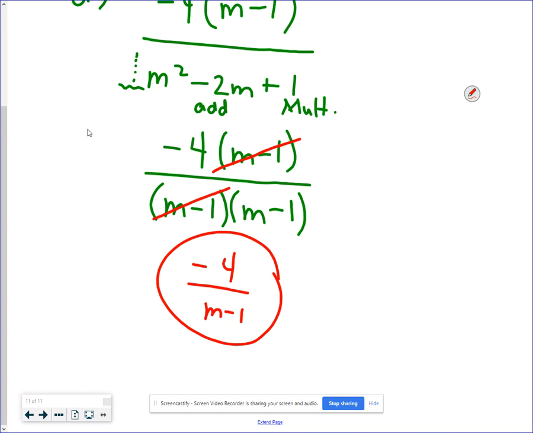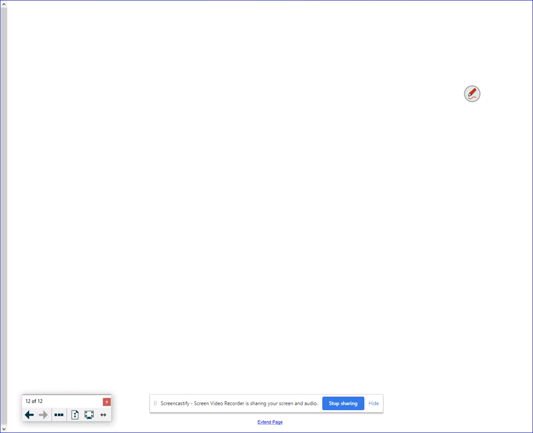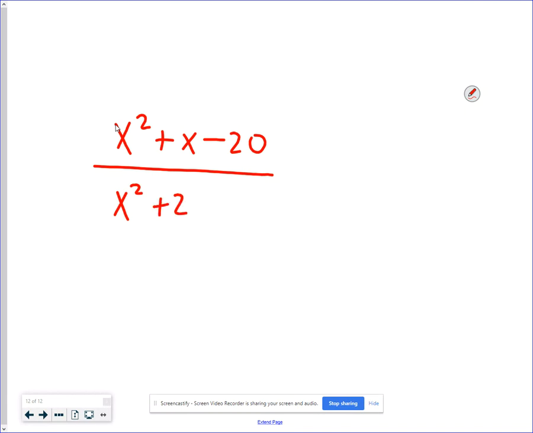All right, so let's try another one. Let's do this one. x squared plus x minus 20 over x squared plus 2x minus 15. Now, what you can't do, which I see every year, is people just want to mark out the x squareds, mark out the x.